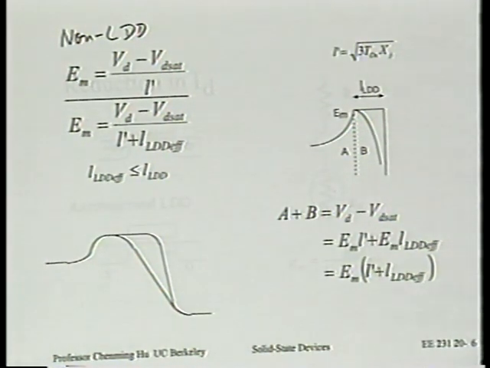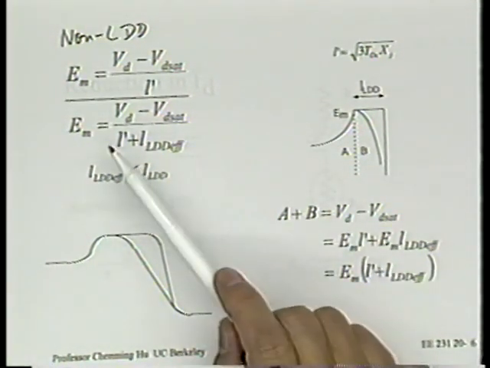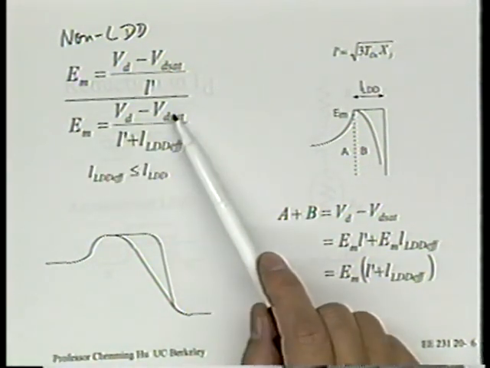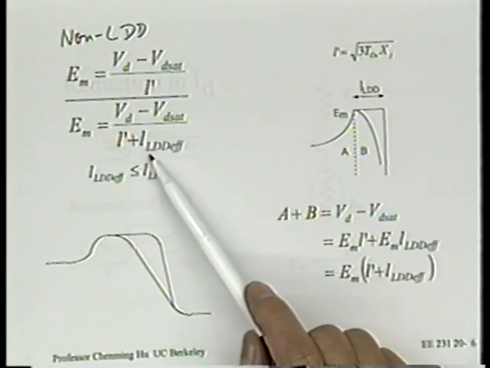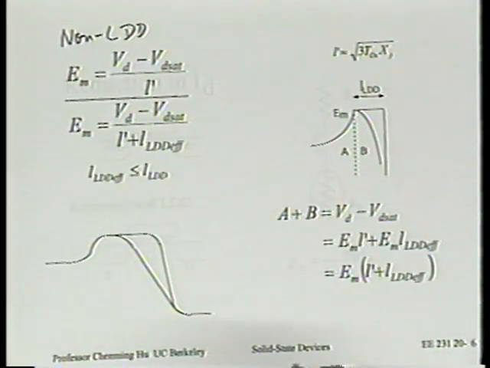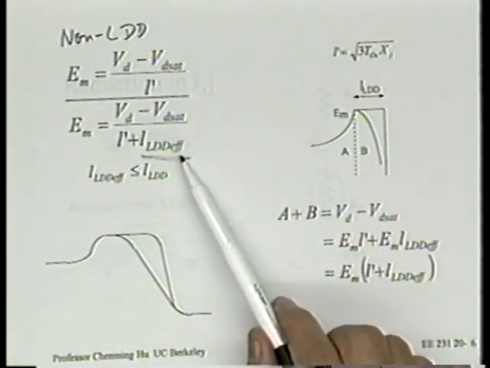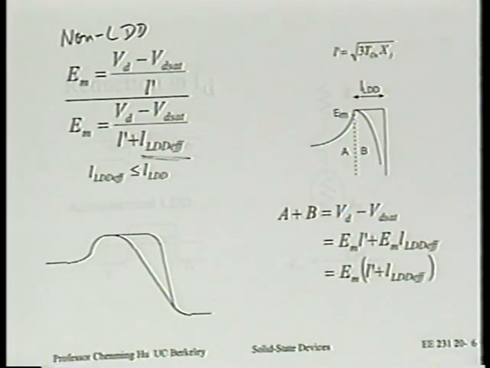If we just take that concept and do nothing else, it would be reasonable to write down a new equation: EM equals (VD minus VD set) over (L prime plus L LDD effective). I'll let you interpret what L LDD effective is. It's a mouthful, terrible notation. But what do you think one has in mind when he extends the first equation into this second equation?